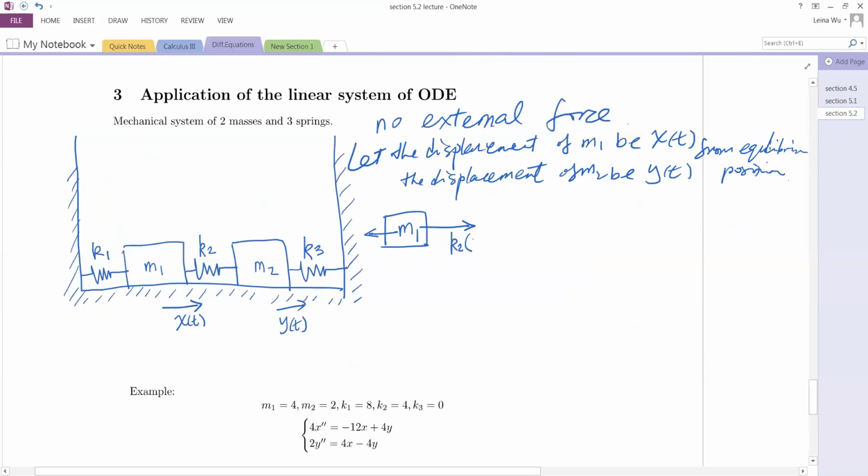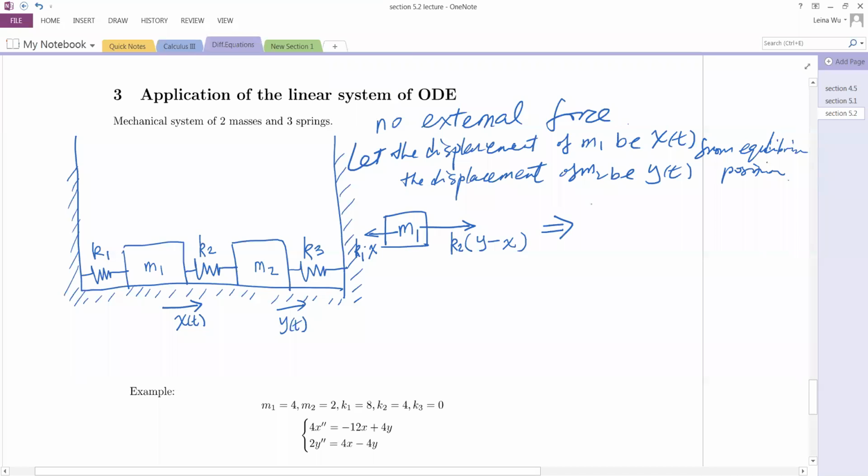So what is the total displacement for spring number 2? y of t minus x of t. Yeah, so it's y minus x. And for the spring constant K1, it's the same scenario as last time: K1 times how much the spring has been stretched, so it would just be x. So only these 2 forces on M1.